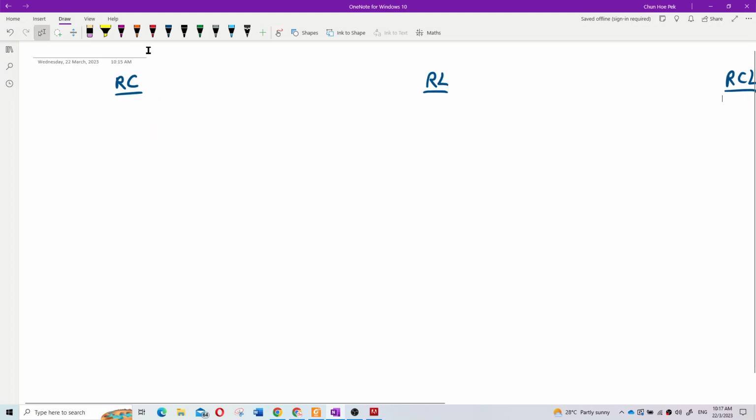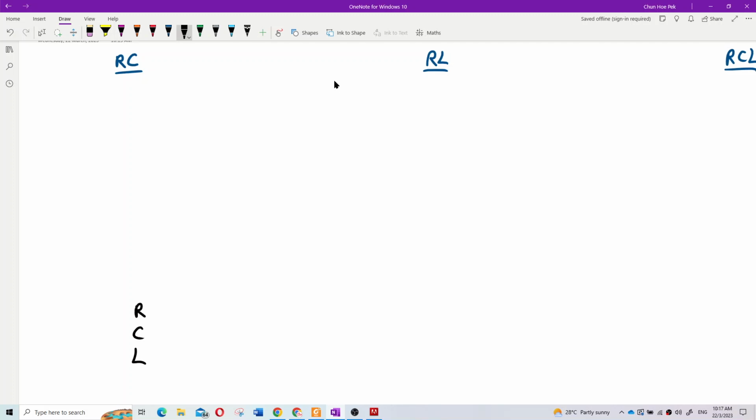So you learned the thing before. Let me repeat again. We know that when we talk about RCL, for the resistor, the current is in phase with the voltage.